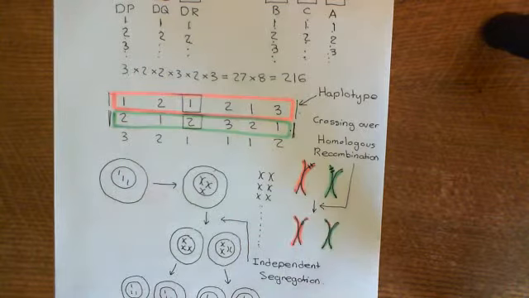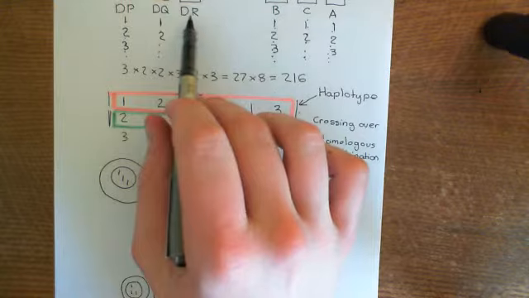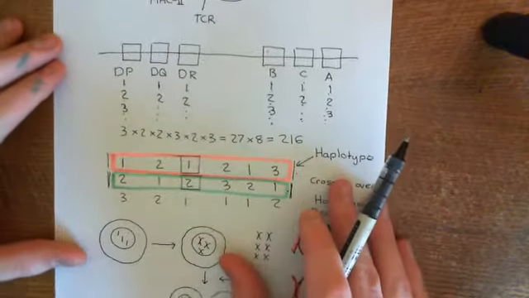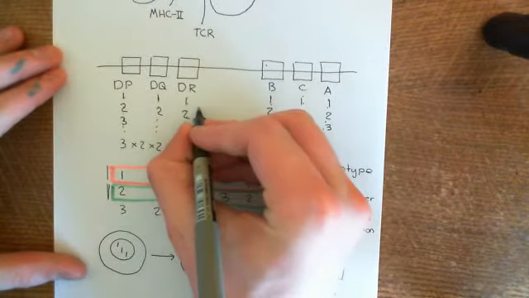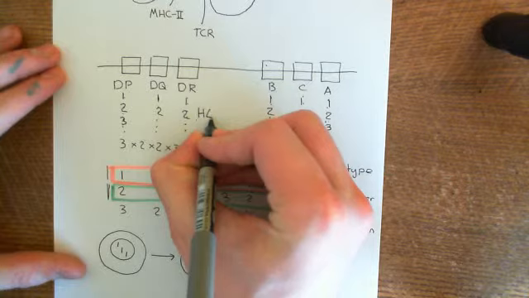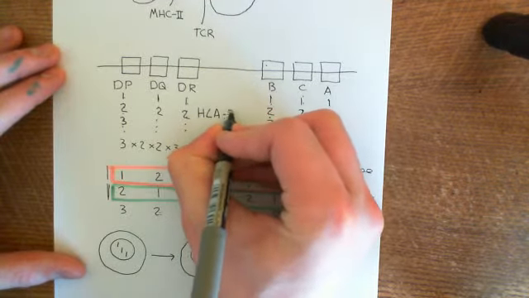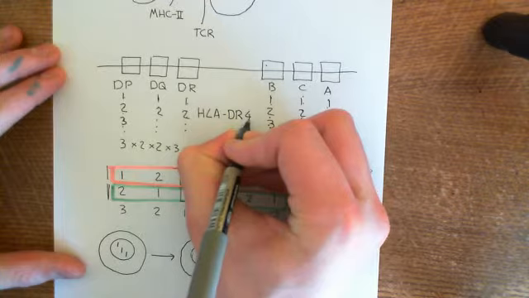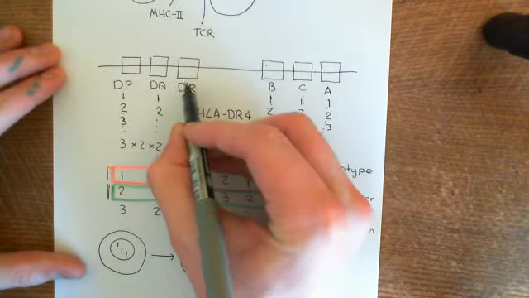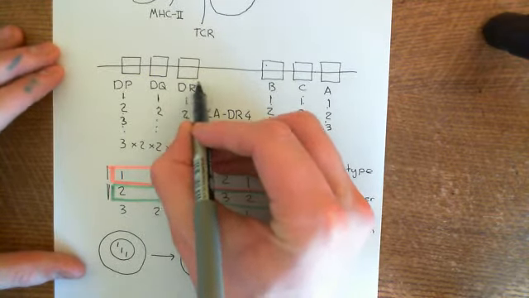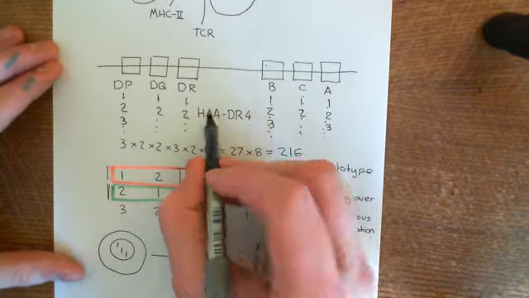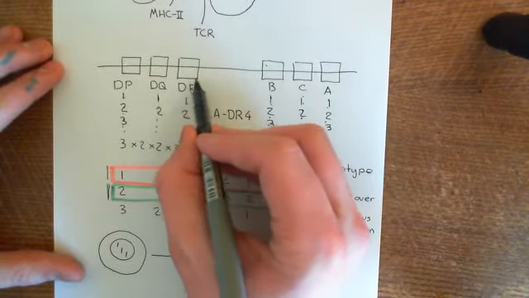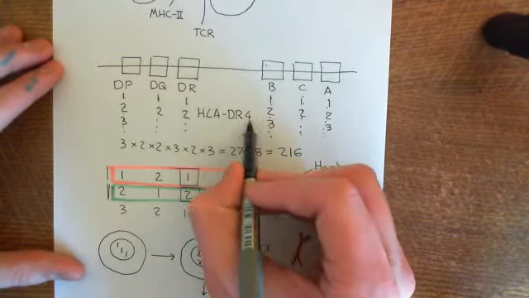Now, I just want to briefly mention the HLA-DR MHC class 2 molecule that is involved in rheumatoid arthritis and gives you increased susceptibility to developing rheumatoid arthritis. So if you have the gene HLA-DR4, which is a specific allele of this HLA-DR gene, although of course we know it's not really a gene, it's a collection of genes, then you will produce MHC class 2 molecules of the DR form that are specifically DR4.